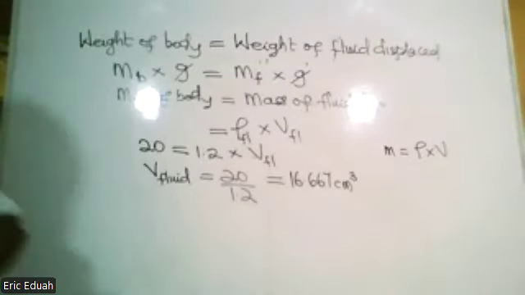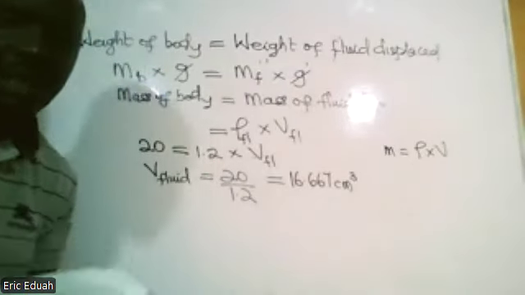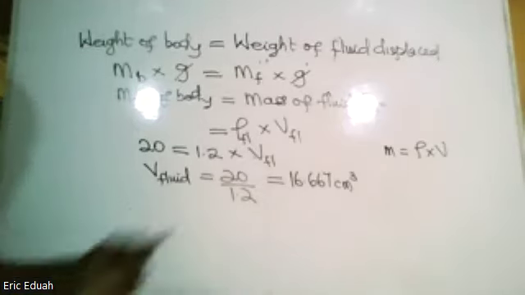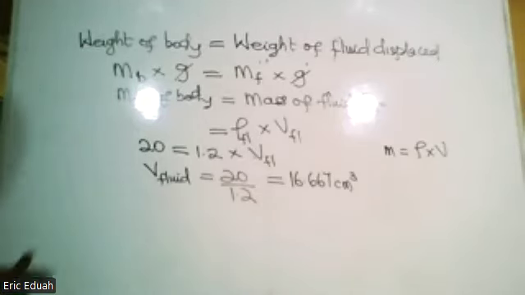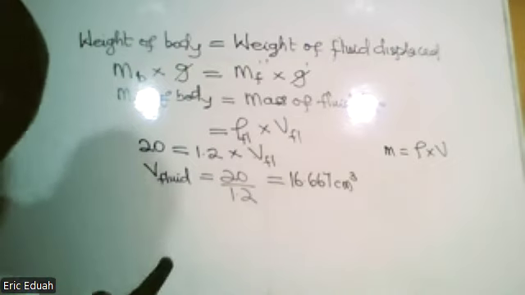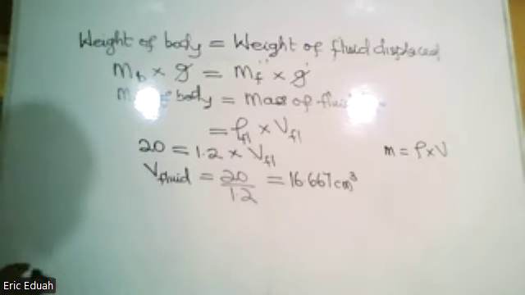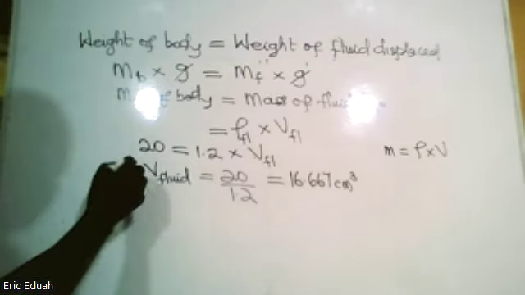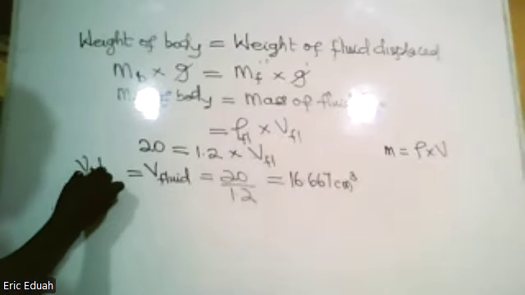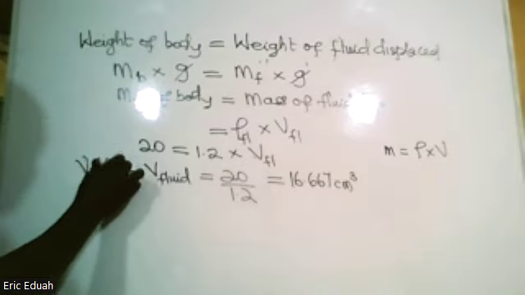After all, we're asked to leave our answer in centimeter cube. So this is the volume. Now, we earlier said that when an object is immersed in fluid, the volume of the fluid displaced, fluid can be liquid or gas, is also equal to the volume of the object. So this is the volume of the hydrometer immersed.